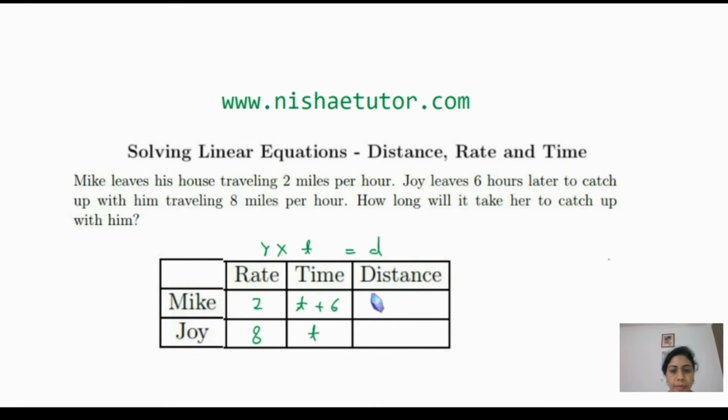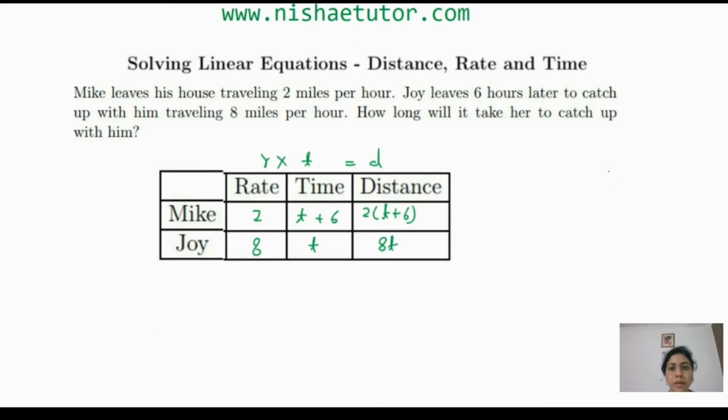So rate times time, 2 times (t plus 6). You can simplify here or later, your choice. Here there is very little space, so I will do it later. And here, rate times time, 8t.